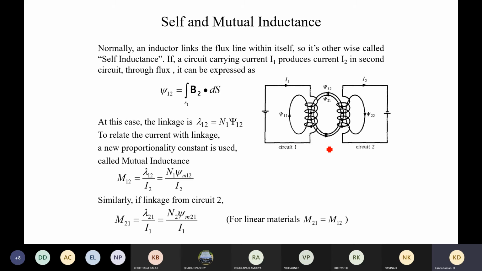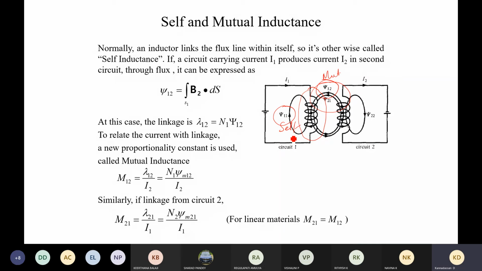Because of the loops, two things are possible: self inductance or self linkage, and mutual linkage. This is described by two fields, psi11 and psi12, where psi11 is the self linkage and psi12 is the mutual.